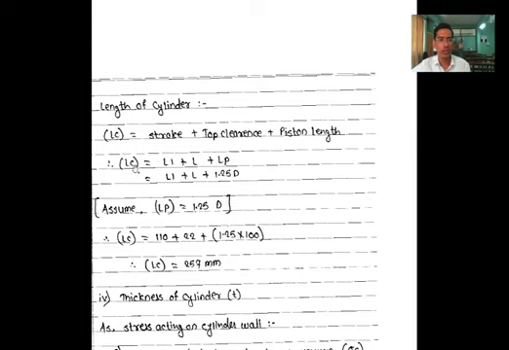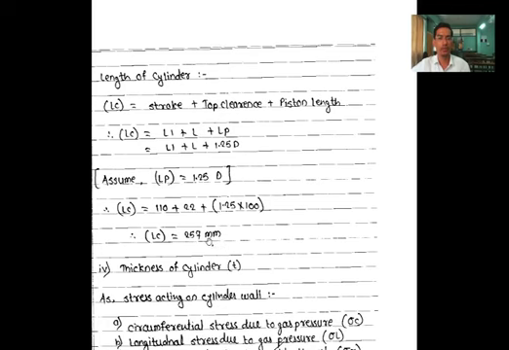So the length of the cylinder LC is equal to L plus L1 plus LP. The piston length is always taken as 1.25 times the diameter of the cylinder, so we assume LP is equal to 1.25 D. Therefore, putting in the values of stroke length, top clearance and bore diameter, we get the length of the cylinder equal to 257 mm.